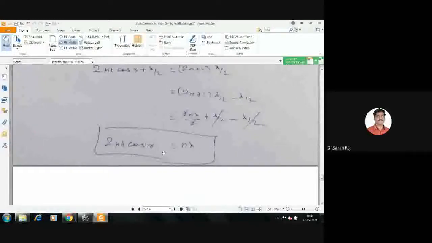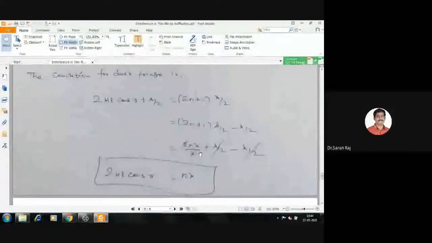So 2 mu t cos r equals n lambda. This is the condition for dark fringes. These two conditions are very, very important. So for the interference of a thin film by the reflection method, what is the bright fringe condition, and what is the dark fringe condition?